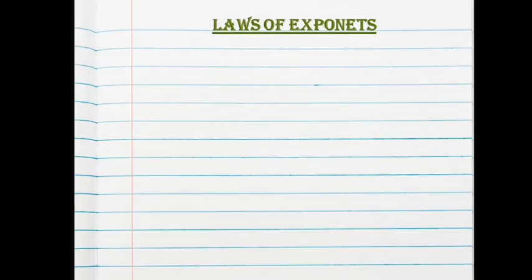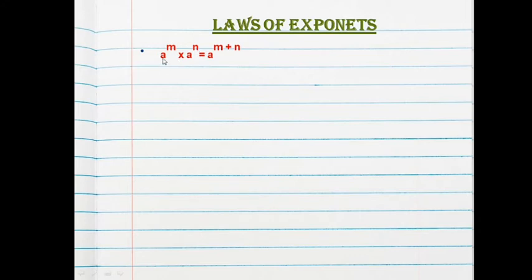So what is the first law? The first law is a raised to the power m into a raised to the power n equals a raised to the power m plus n. So listen here. What is given in the first law? A, and here it is also given a. These both are the bases and this m and n are the exponents.